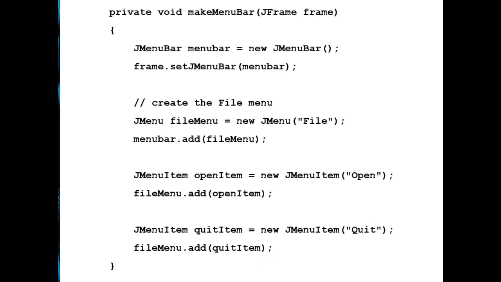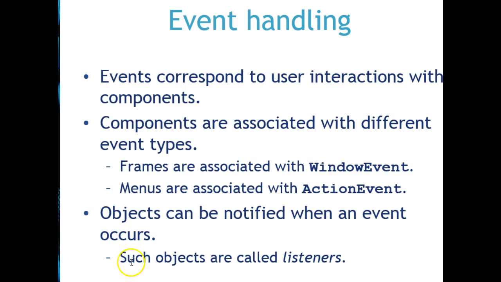So up to now we created the display of menus, but we didn't do anything to handle the event. So nothing happens when a user tries to select the menu. So now we can discuss the event handling part. As we said, events correspond to the user interaction with the components.